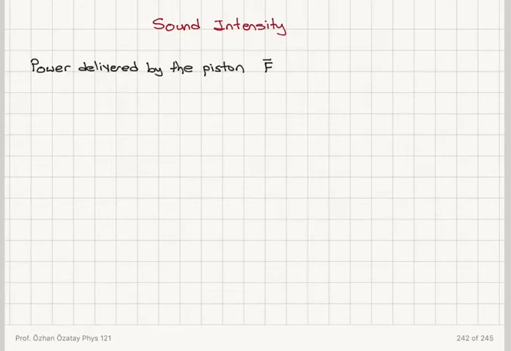So we're applying this force F. Remember, force dot product with displacement is work. Force dot product with velocity is the power. It is dW/dt.